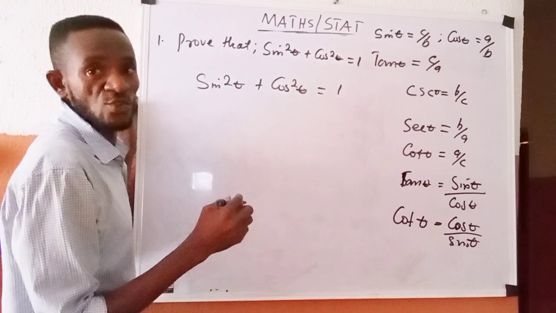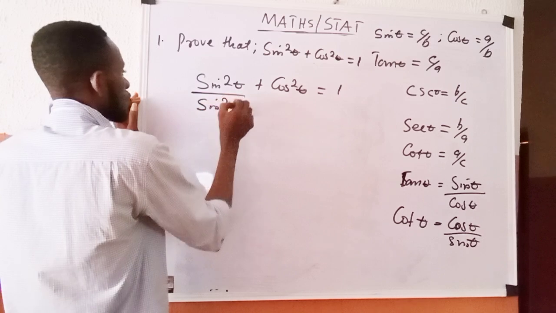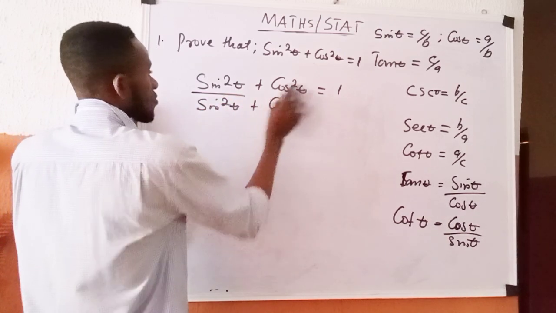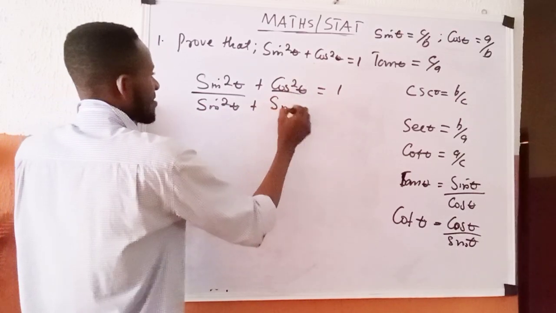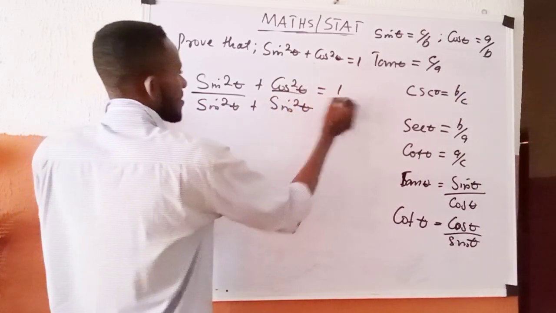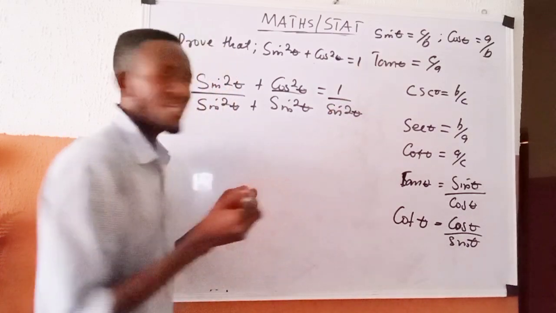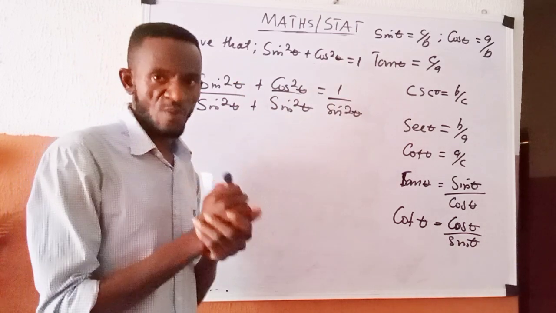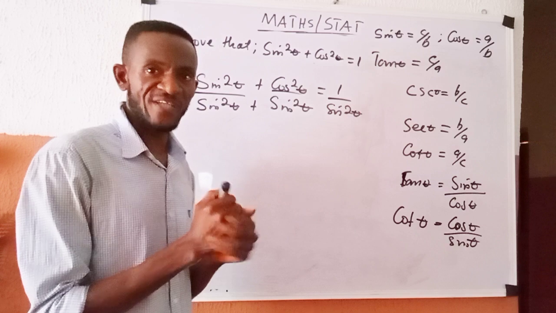Dividing all through with sine squared theta, I have all over sine squared theta, plus cos squared theta all over sine squared theta. That is using sine squared theta to divide all through the first identity of Pythagoras.